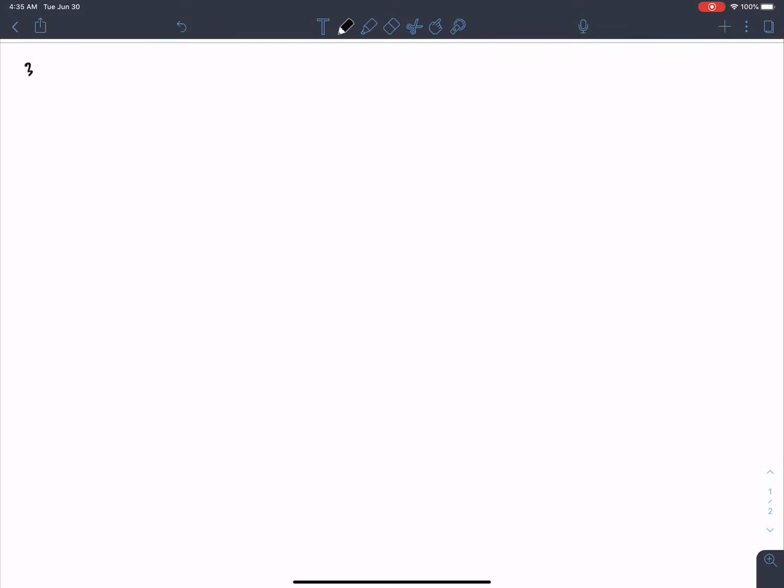Number 3 and number 4 are quite the same, just different numbers in the questions. It's given a series this time, not a sequence, because it's a total: 2 plus 5 plus 8 plus 11 plus 14 plus up to 470.